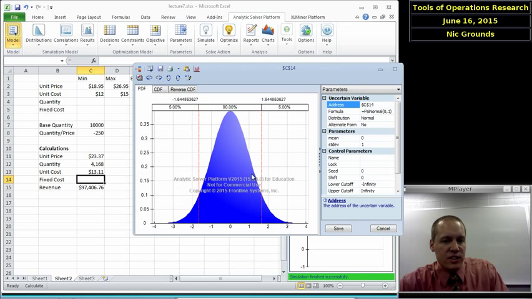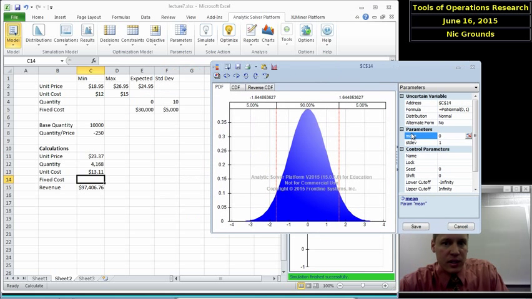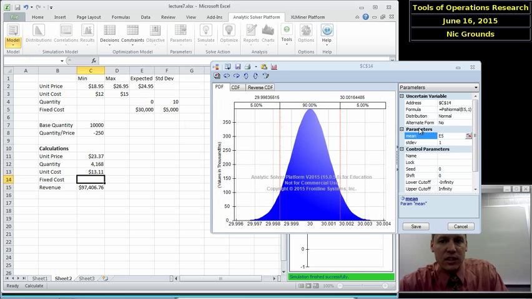It brings up a chart or graph that represents that. By default, the mean is 0 and the standard deviation is 1. We want to change the mean to be cell E5, that is 30,000.